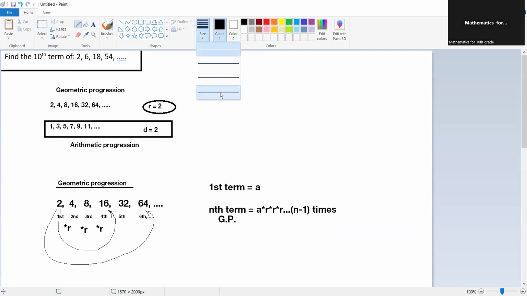The common formula for the nth term is Tn, which is the nth term of a geometric progression, is the first term multiplied by r power n minus 1.